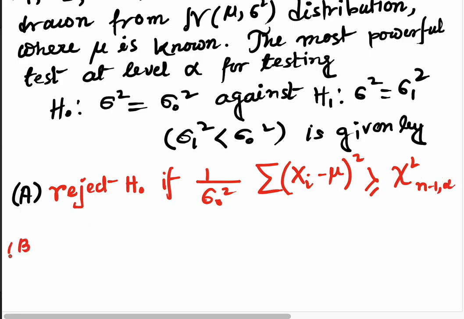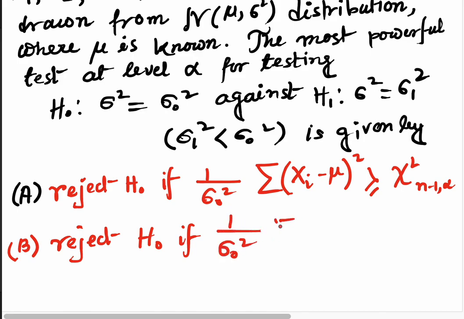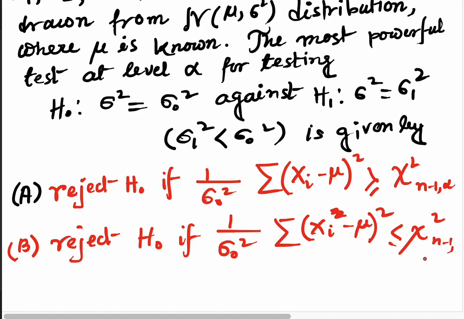B: reject H0 if 1 by sigma 0 square sum of xi minus mu square is less than or equal to chi square n minus 1 comma 1 minus alpha.